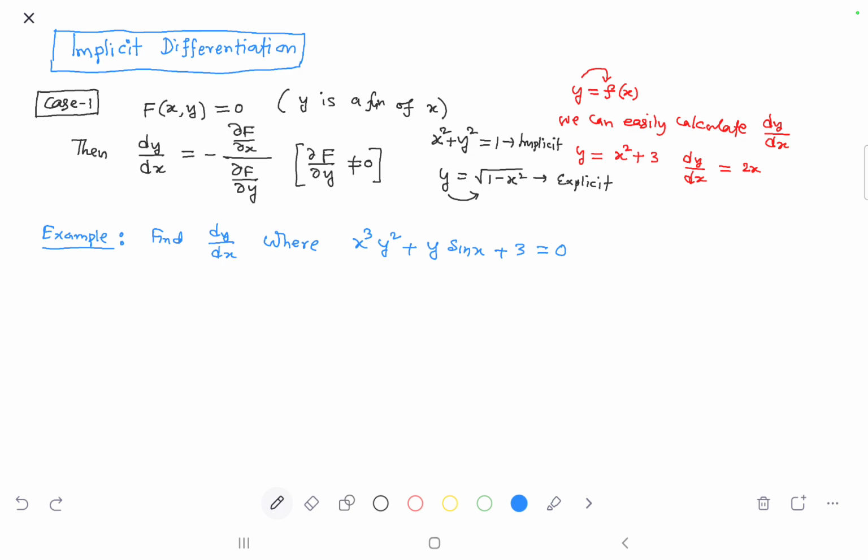We cannot write y as a function of x, but still we can calculate the derivative. So how do we do it? First you have to identify f. So this is your function f. Here f(x, y) is x cube y square plus y sin x plus 3.